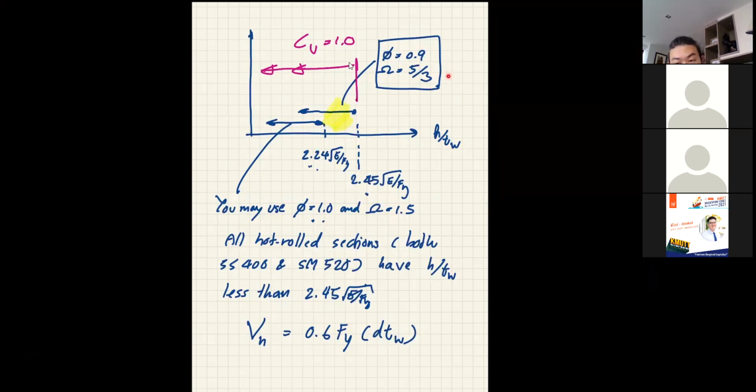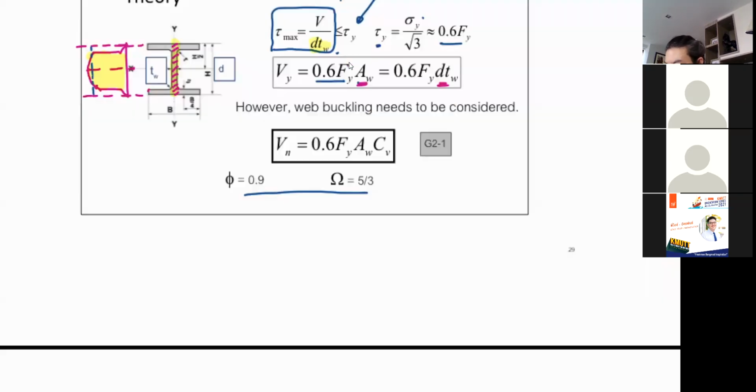That's fine, I'm not going to say you're wrong. You can use this all the time as long as the slenderness ratio of your web is less than this. Even if it's greater than that, you can use this, but your CV must be calculated. That's all.